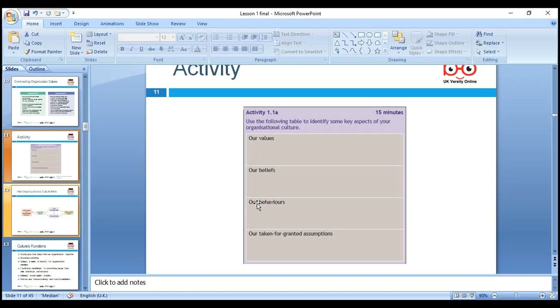Maybe you can look around our behaviors within our organization, or you can observe what is taken for granted, exemptions. Some can be exemptions, you do whatever you want to. Yes, you have relaxed flexi time. So that can also represent the culture of the organization.